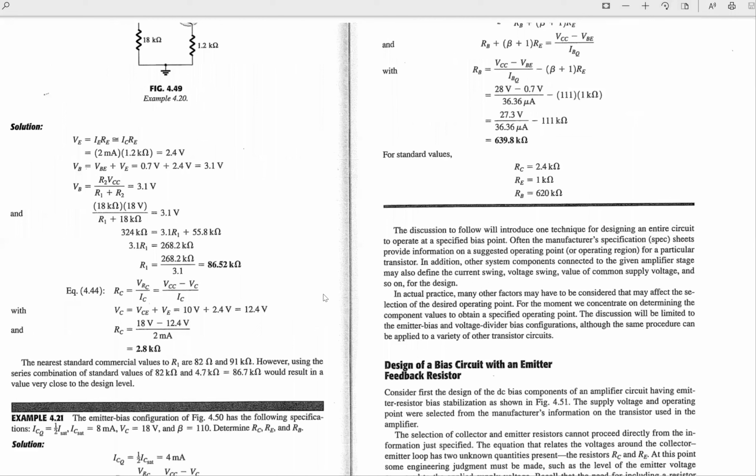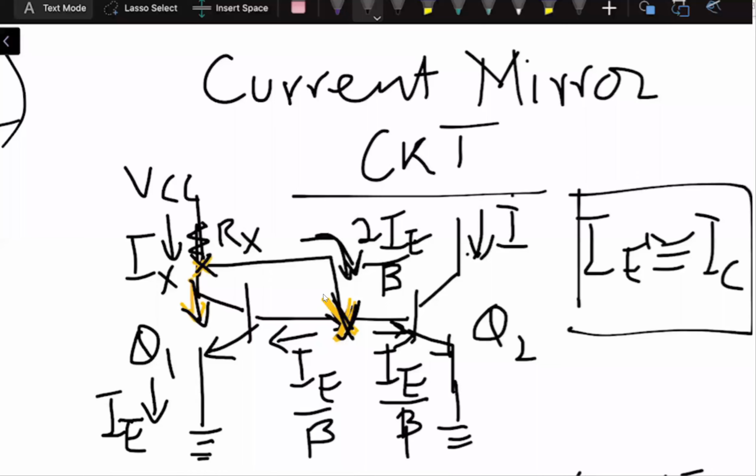Okay. So take a look now at what we have basically: Ix, the current flowing in Q1, right? And let's suppose this is node A. At node A, the current flowing towards node A is Ix.